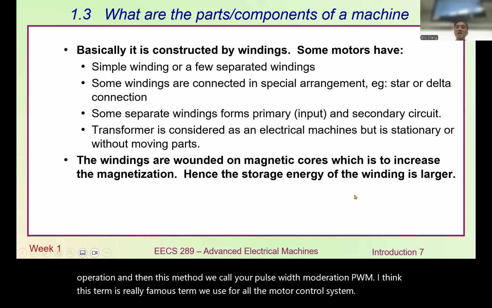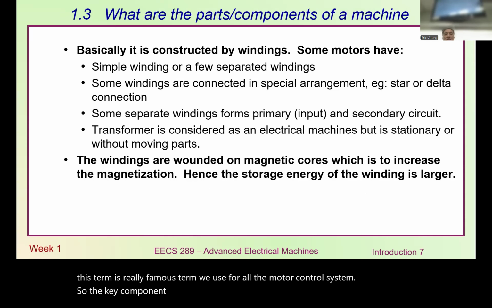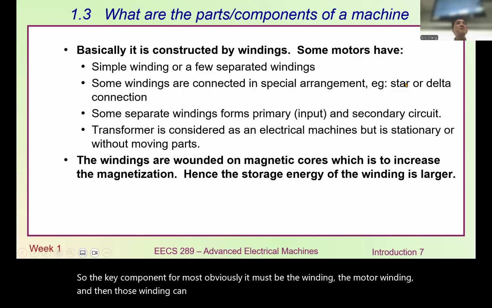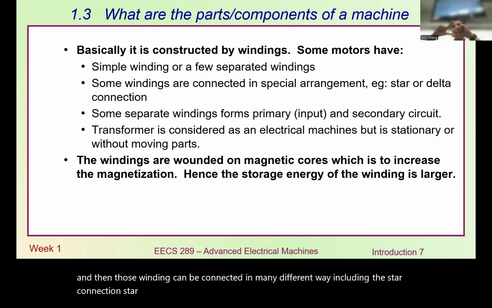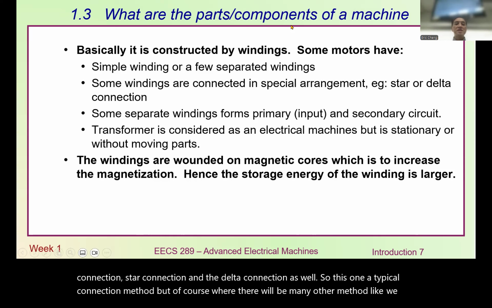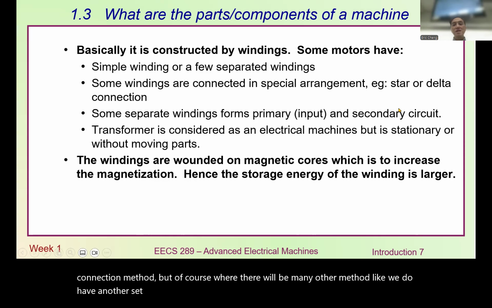The key component of a motor, obviously, must be the winding, the motor winding. Those windings can be connected in many different ways, including the star connection and the delta connection. That's one of the typical connection methods, but of course there are many other methods, like separate windings to form the primary and secondary.